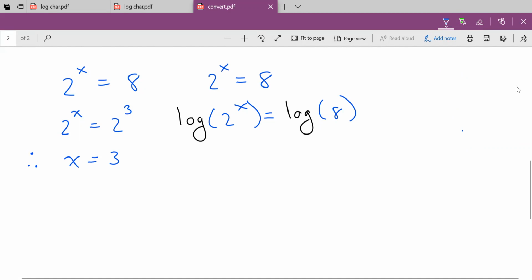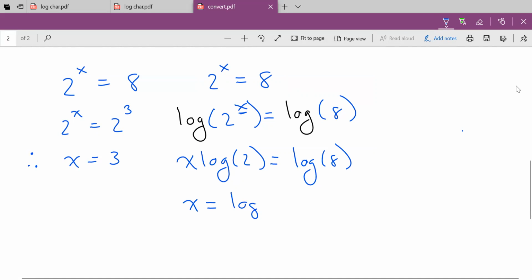So how does this work? Well, if you remember your laws of logarithms from the history video, we can take our exponent and make it our coefficient. Now log 2 is just a button; log 2 is a value.